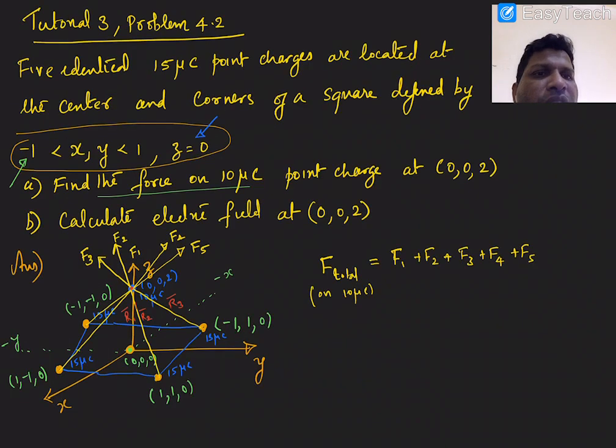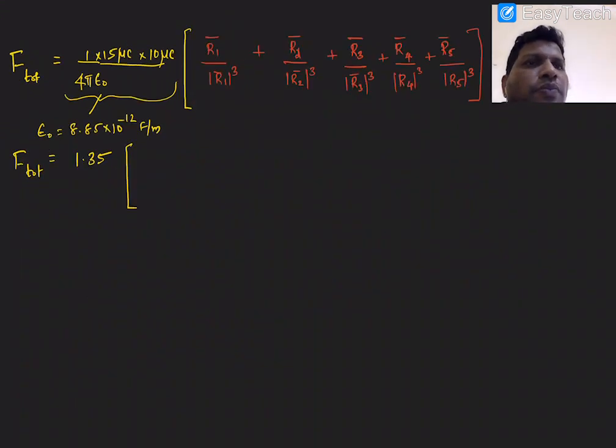R1 is the vector which is pointing from 0 0 0 to 0 0 2. So it is 0 0 2 minus 0 0 0.